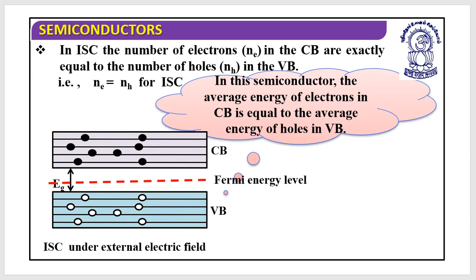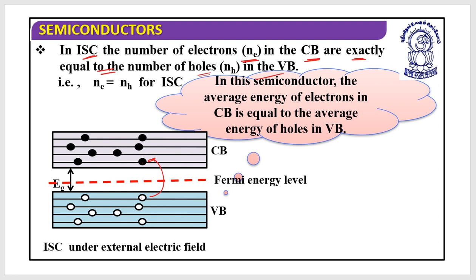So if we look at the intrinsic semiconductor according to the numbers, in intrinsic semiconductors the number of electrons that we call Ne in the conduction band is exactly equal to the number of holes developed in the valence band, because in reality these electrons were initially here, then we provide them energy.